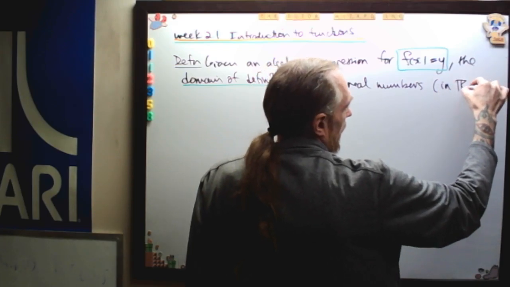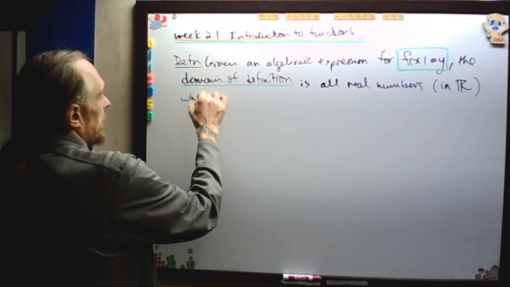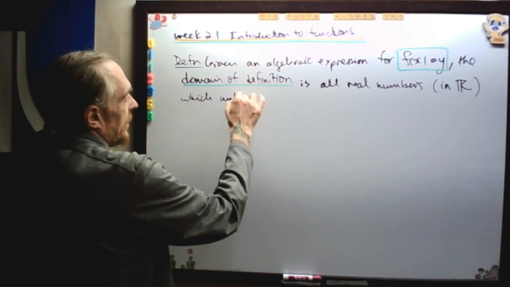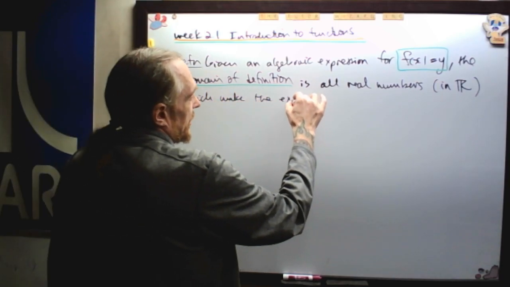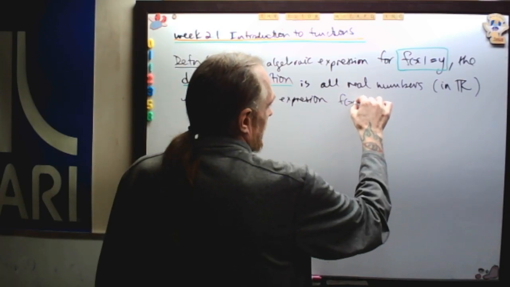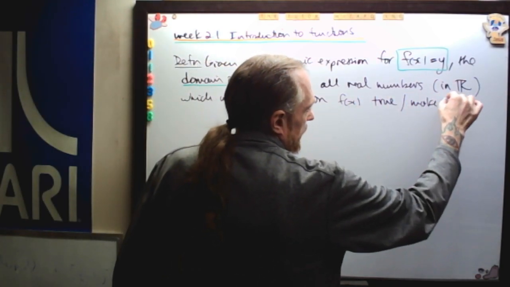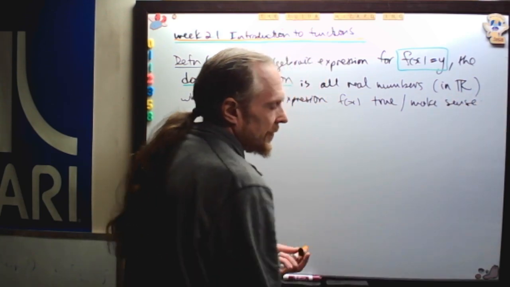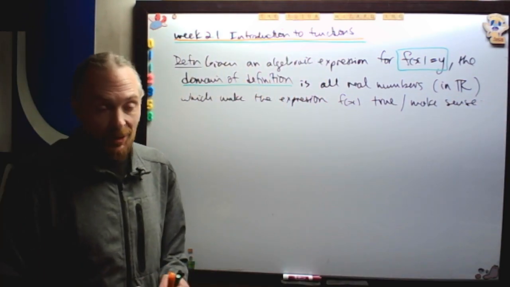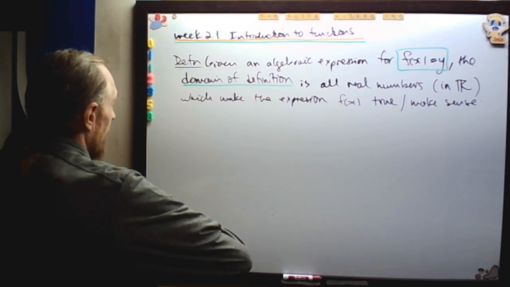So in R, from our notation, which make the expression f of x true or make sense. So all the permissible values you've probably seen at some point. Our mantras are going to be mantra 1.